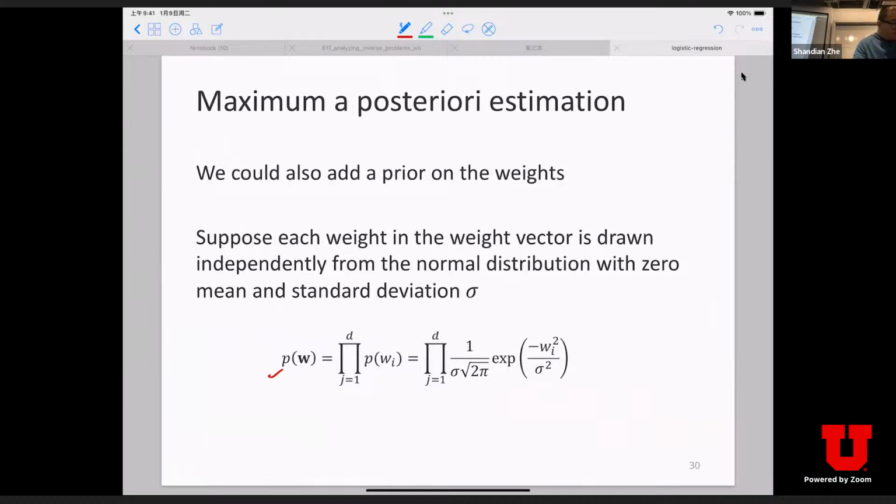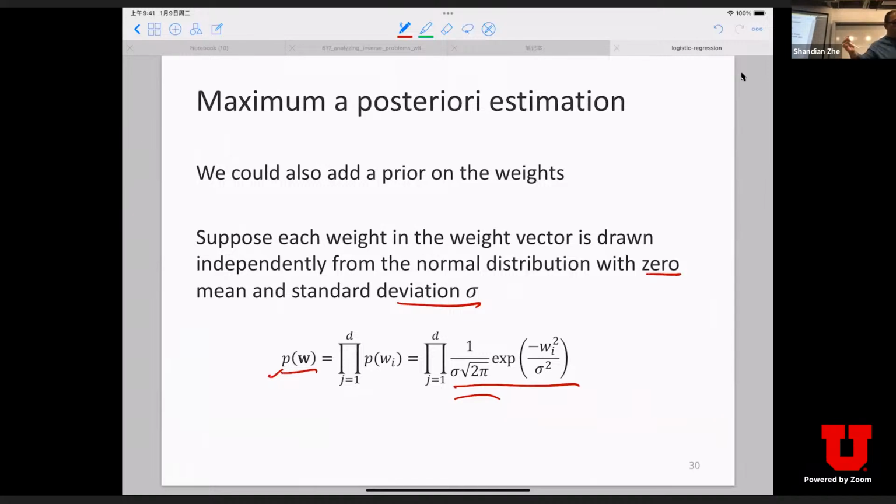We assign a normal prior distribution with zero mean and some standard deviation sigma over the weights. So our prior over the weight vector is written as a product of Gaussian normal distributions, where the mean is 0 and the variance is some unknown sigma squared. This is just the Gaussian density.